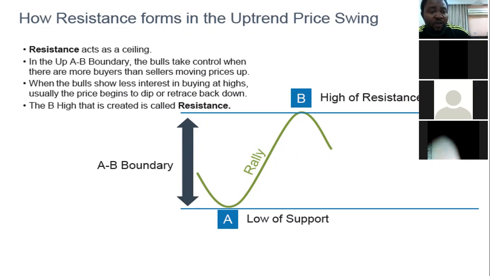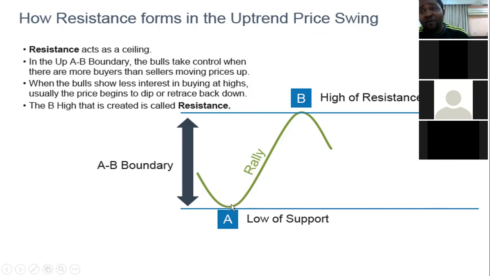Okay, in an up AB boundary, the bulls take control when there are more buyers than sellers moving price up. When the bulls show less interest in buying at highs, usually the price begins to dip or retrace back down. The B high that is created is called resistance. So now we have buyers: buy low, sell high, and this is the area where the price is low, and as such attracting more buyers.